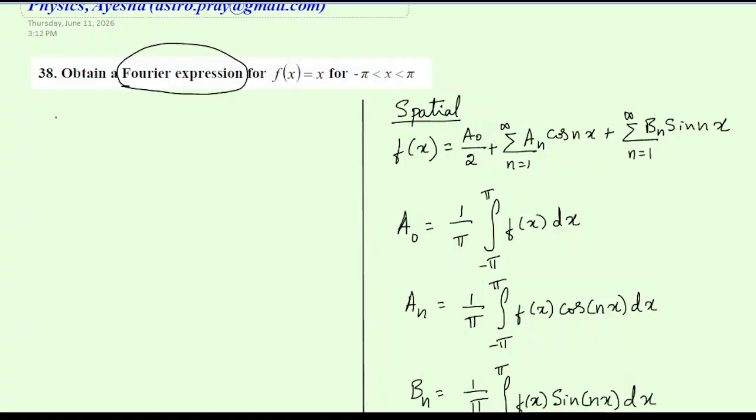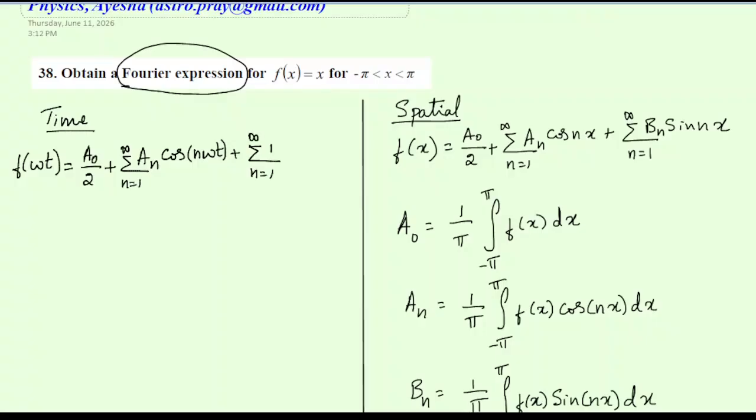Now you have to first understand this is the spatial domain. Suppose we have a time domain, we are supposed to write everything in terms of t. That is, f of omega t goes like, this is still a0 by 2 plus summation over n equals 1 to infinity an cos n omega t plus summation over n equals 1 to infinity bn sin n omega t, where omega is frequency, where time is hidden.